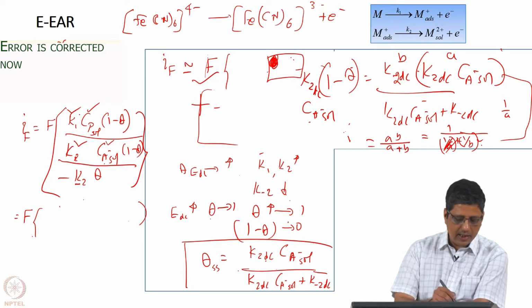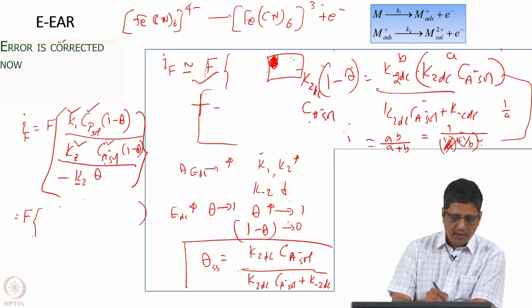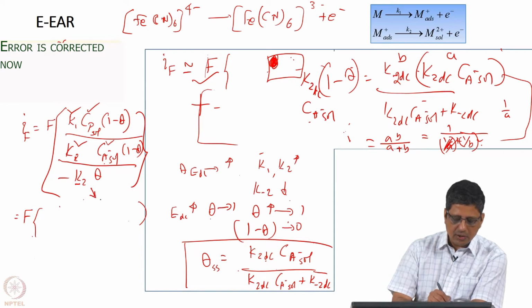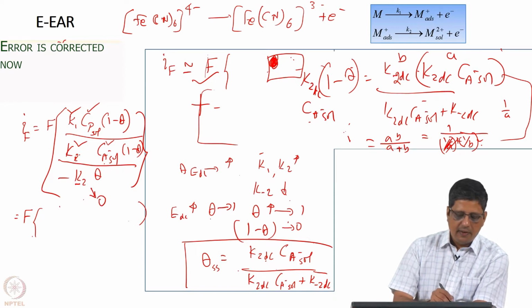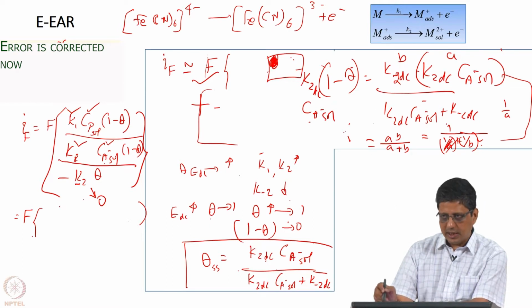You can have the current written in 3 terms. When theta is going towards 1, but K minus 2 is very small, this product will tend towards 0. The second step forward reaction, K2 Ca solution 1 minus theta, we can show that it tends towards 0.